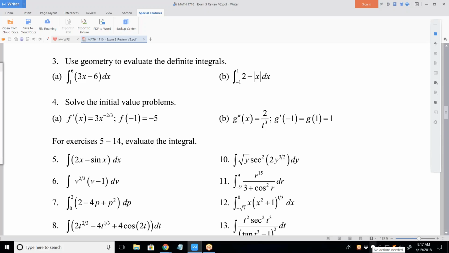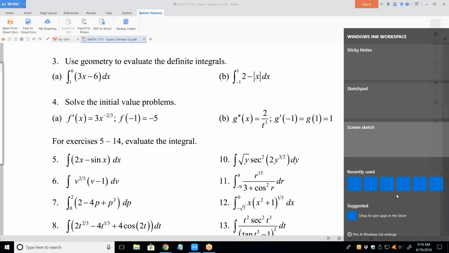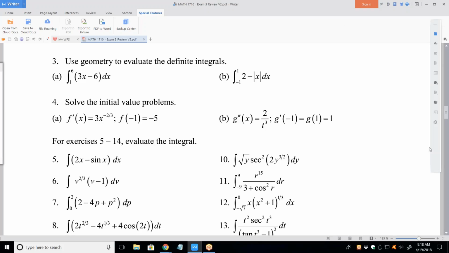Well, let's look at the problem, and maybe that thing will be working by the time I need it. Use geometry to evaluate the definite integrals. Okay. Am I going to use geometry? This is one of the things I really have no idea what we're doing. Okay. So.